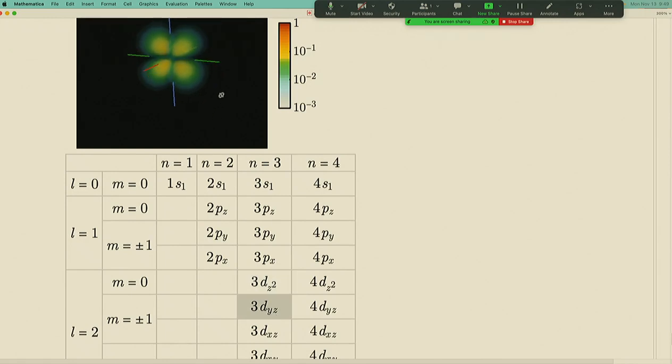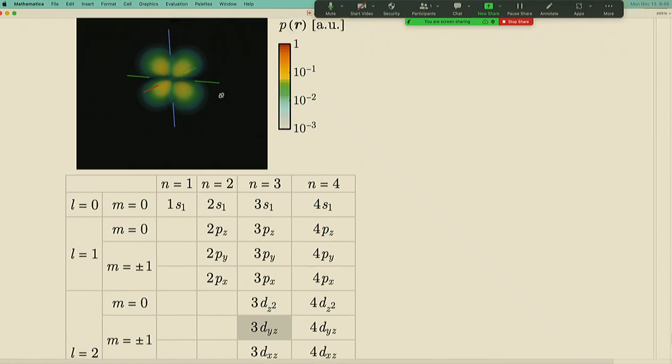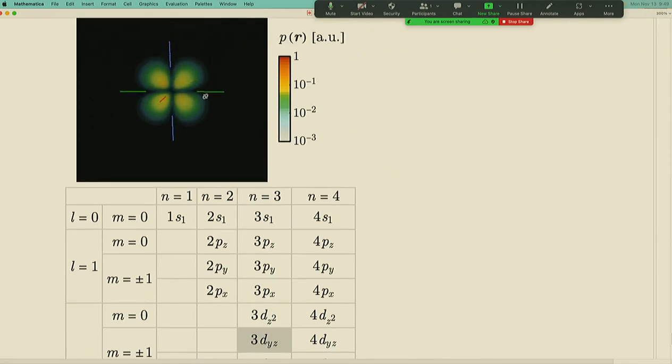So y times z, which means the wave function will be 0 if y is 0 or z is 0. If you look from here, the green axis is the y-axis, the blue axis is the z-axis. When y and z are both 0, y times z is 0. I'm plotting the wave function squared. If I didn't plot the square, and plotted the wave function value, it should be plus, minus: y times z is plus here, minus here, plus here, minus here.